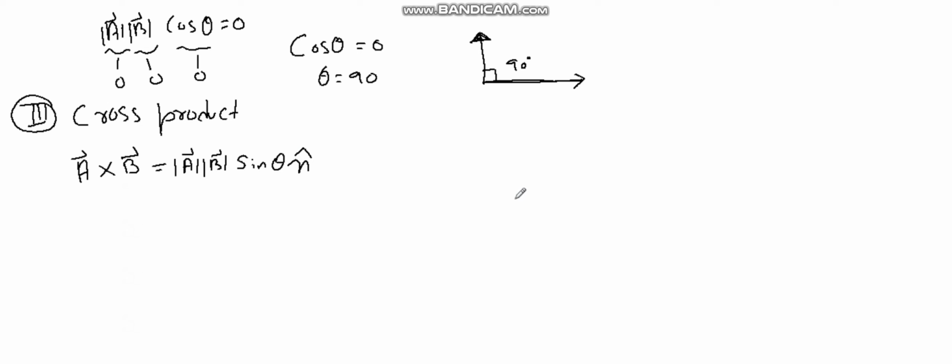Here we have this A vector and this B vector, and of course the angle is theta. Here, instead of cos theta, we will have sine theta. What is this n?